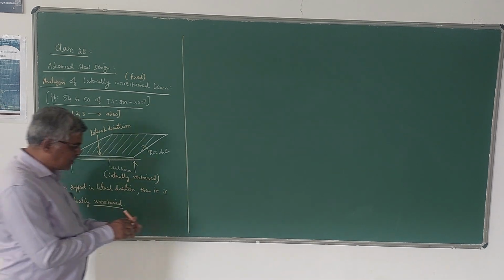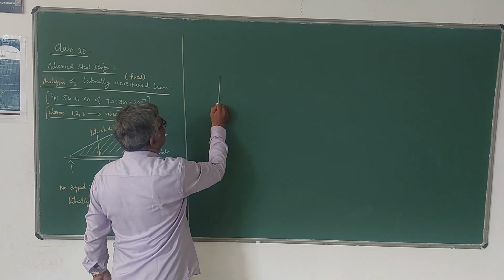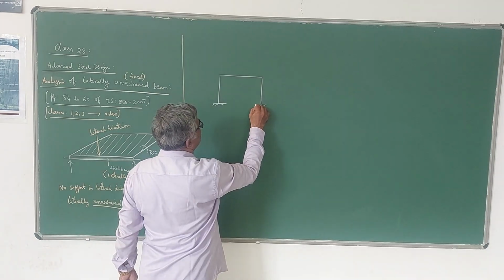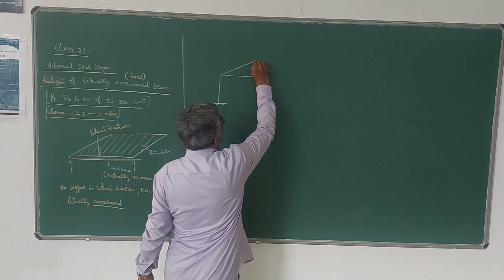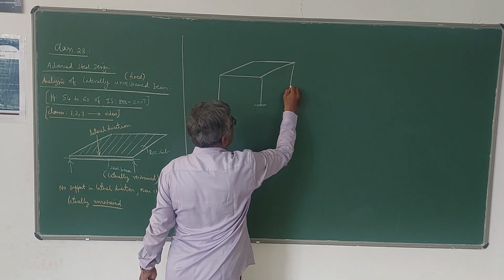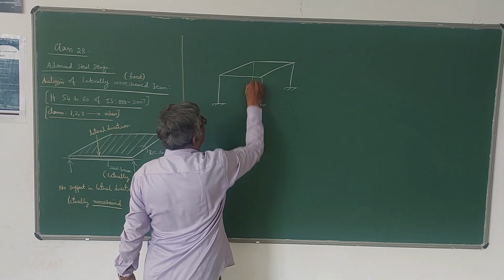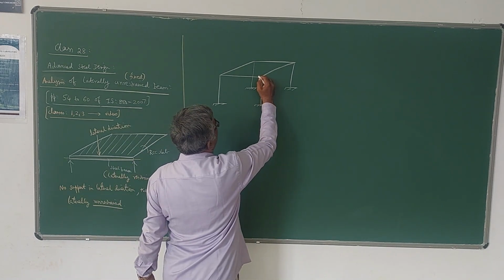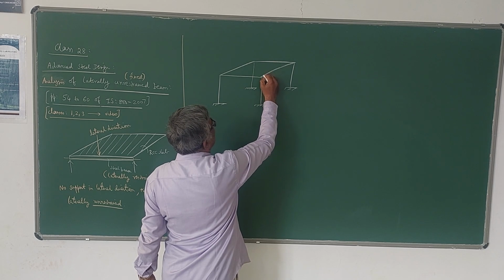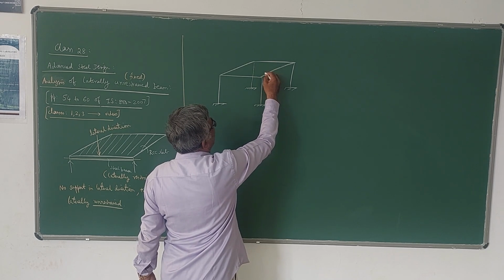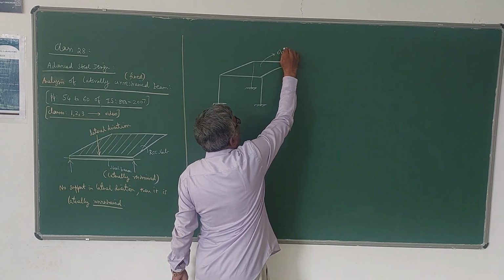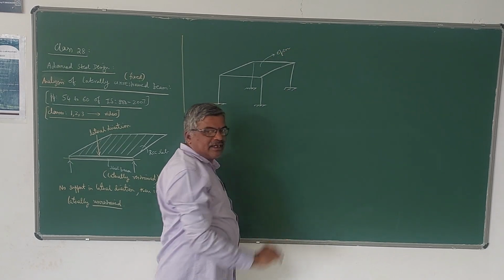For example, you have a plane like this. I will take a simple space plane, a 3-dimensional plane. So for these beams, suppose we don't have anything above this, it is open, there is no RCC slab there.